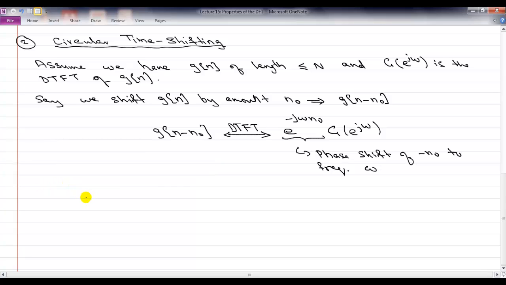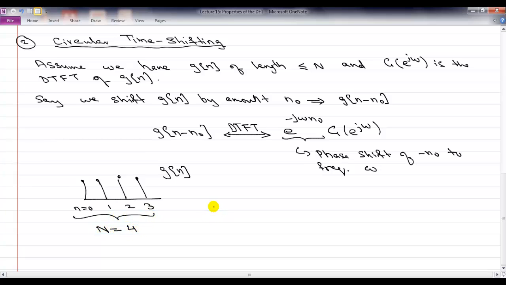So if we take the example of, let's say I have a Gn, which is a length 4 sequence. Okay. This is my Gn. It goes from n equal to 0, 1, 2, 3. And let's define my n to be 4.